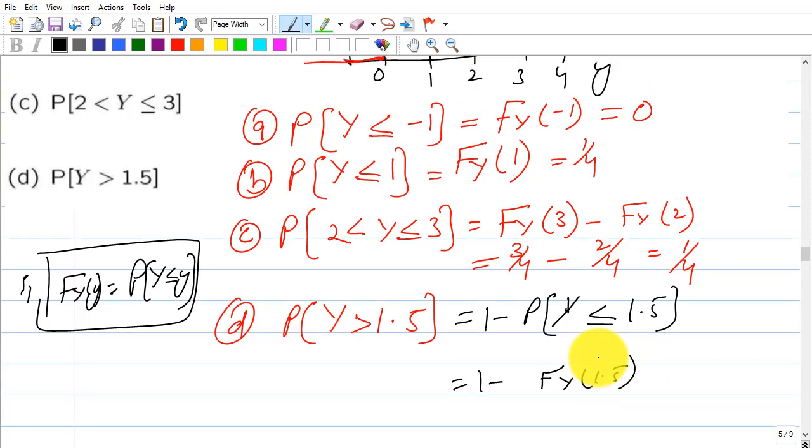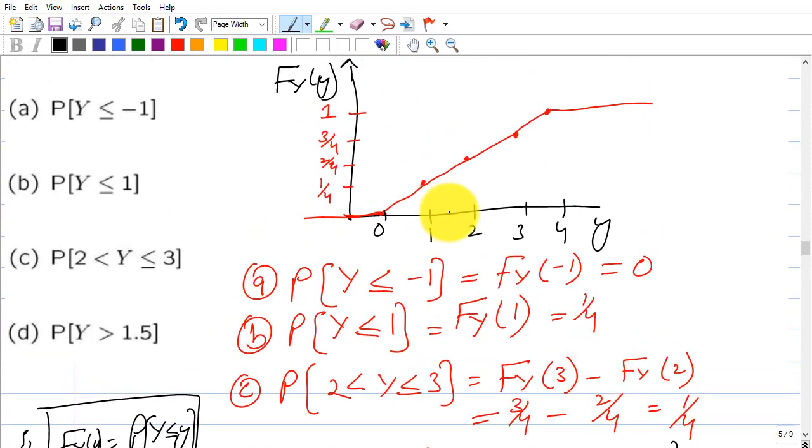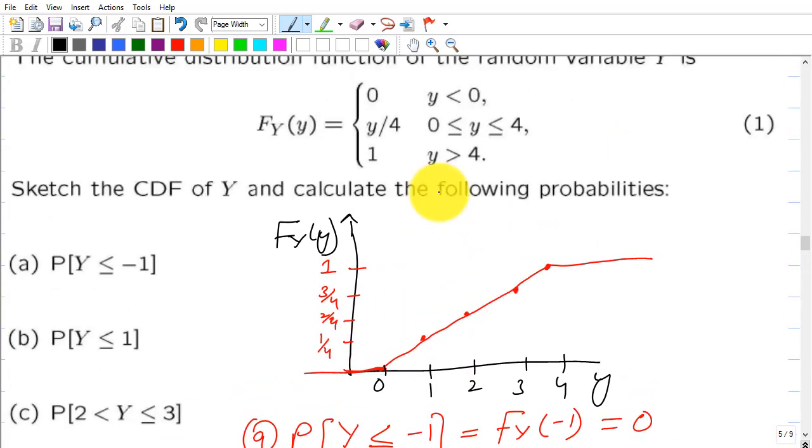Now if you look at this graph, it is not quite visible how to get this 1.5, but if we look at this function here, we know that 1.5 lies between this interval, and in this interval this CDF is defined as y over 4. So we can put the value of 1.5 here, 1.5 by 4 here.